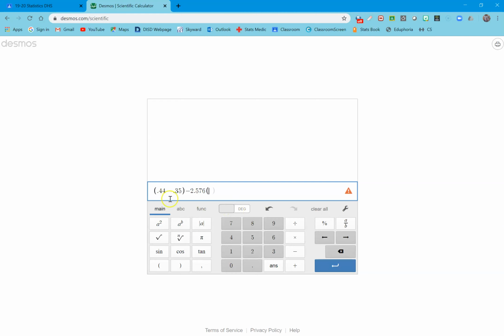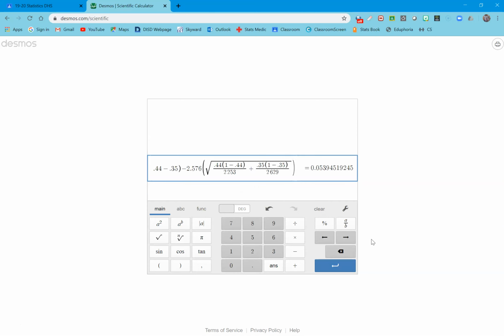Times the square root of a fraction, which is 0.44 times 1 minus 0.44 over that sample size, which was 2253, plus, still under the square root, we're going to have a fraction. 0.35 times 1 minus 0.35 over that sample size, which was 2629.